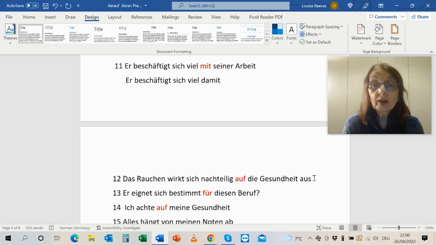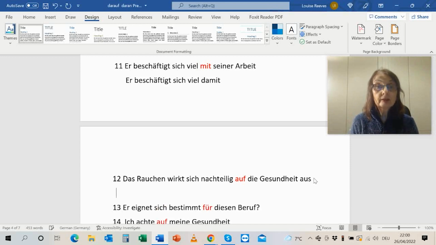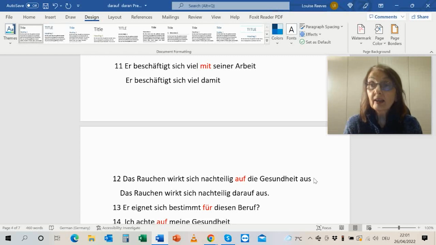That means smoking has a bad effect on your health. And you want to say smoking has a bad effect on it. I've highlighted the auf. Das Rauchen wirkt sich nachteilig darauf aus. And that means smoking has a bad effect on it.